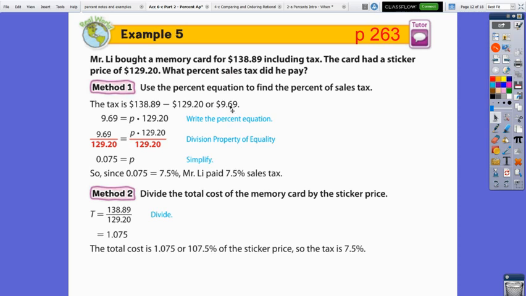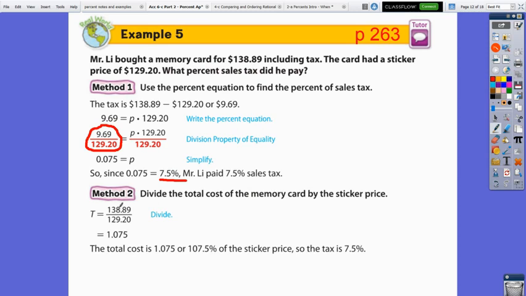Then find what percent of the original price, $129.20, $9.69 is by dividing, that's this step here. That answer will come out as a decimal, 0.075, and so that tells you that the sales tax was 7.5%. So that is one way to find the sales tax percent.